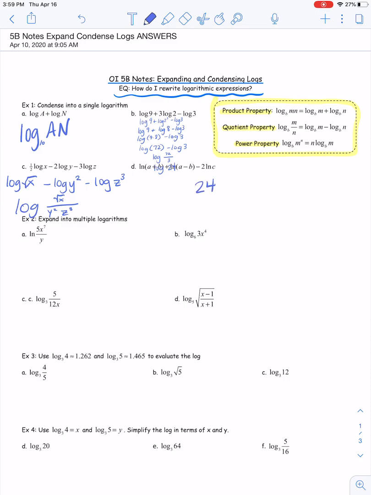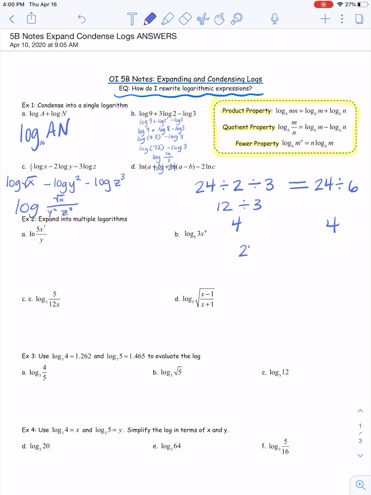Think about this as a number problem. If I had 24 divided by 2 divided by 3, if I work from left to right, 24 divided by 2 would be 12. 12 divided by 3 is 4. This is the same exact thing as 24 divided by 2 times 3, which is 6. 24 divided by 6 is also 4.